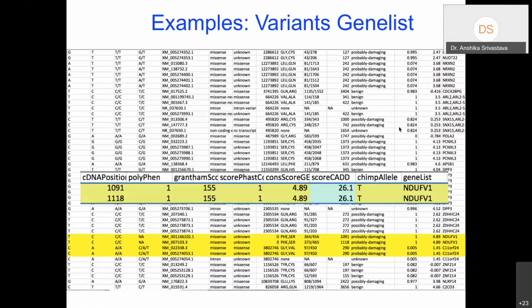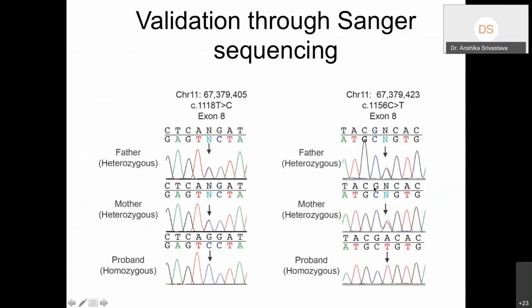But once you have identified the gene, what next? You will go back, take the samples of the individuals, and perform Sanger sequencing, because once you identify the gene of interest, you have to validate the variant also. In this case, it was autosomal recessive, so both mother and father were heterozygous.